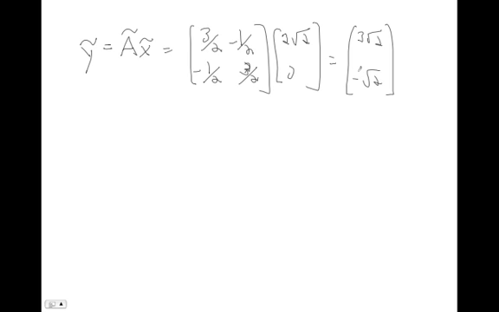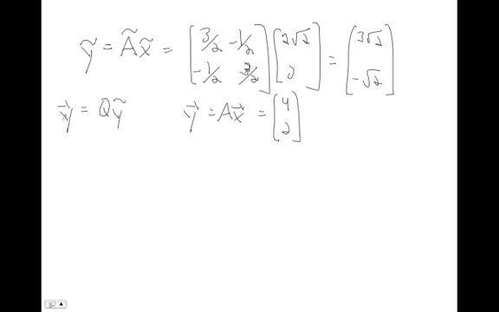Now, we could have just gone directly, if this is true, and used this equation that y is equal to Q y tilde. So if I do this now and I map this y tilde through Q, I better get back the same y I got before. And the y I got before, when I did y equals Ax, that y I got was 4, 2.